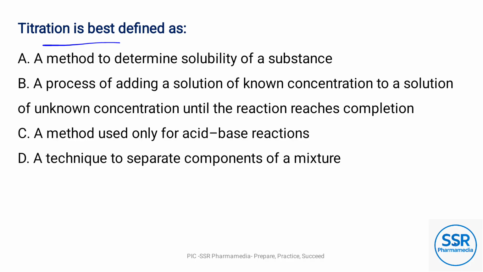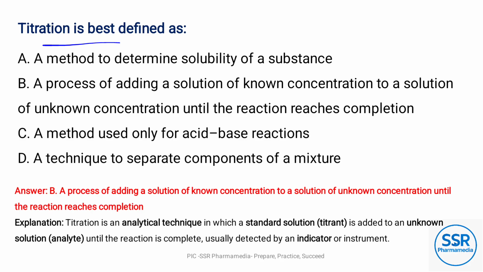Titration is best defined as: the answer is option B, a process of adding a solution of known concentration to a solution of unknown concentration until the reaction reaches completion.